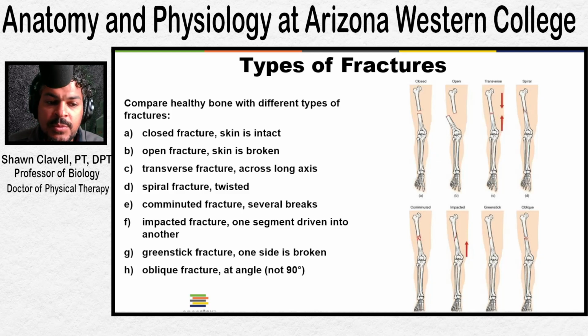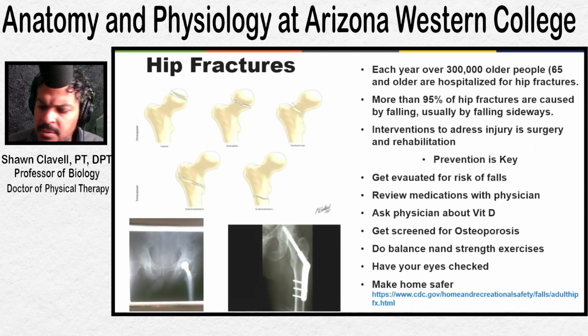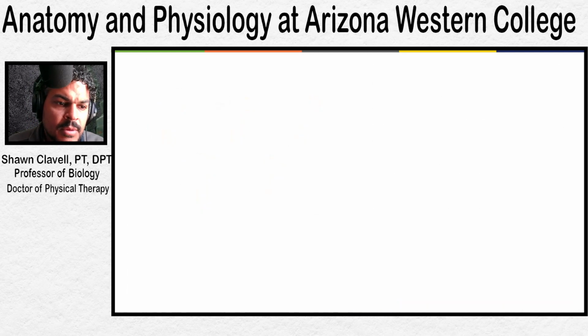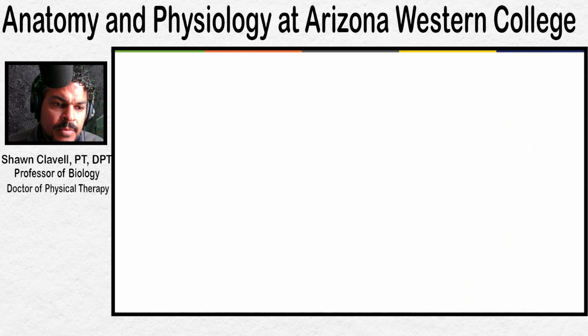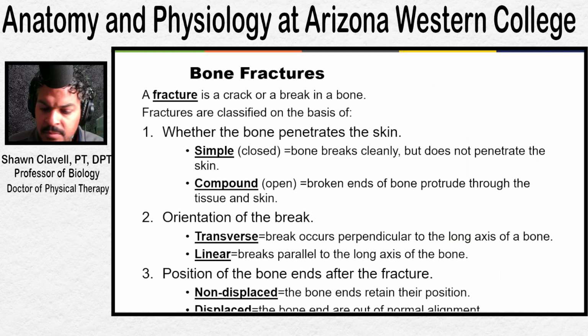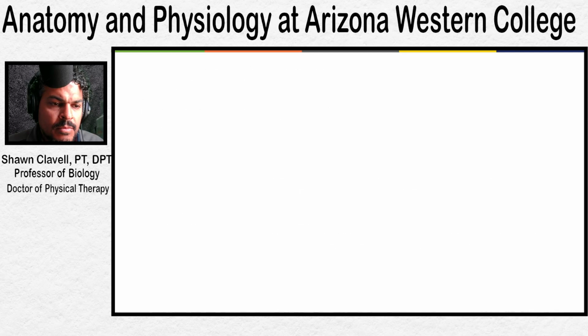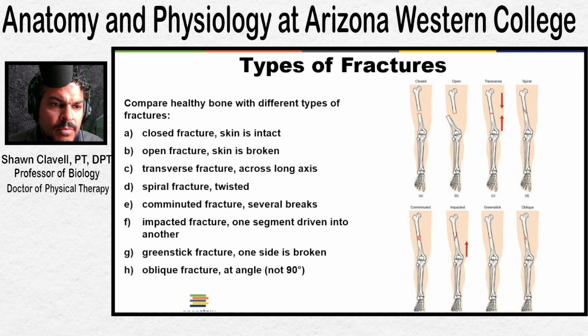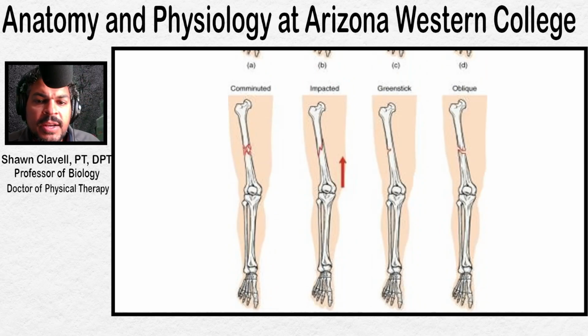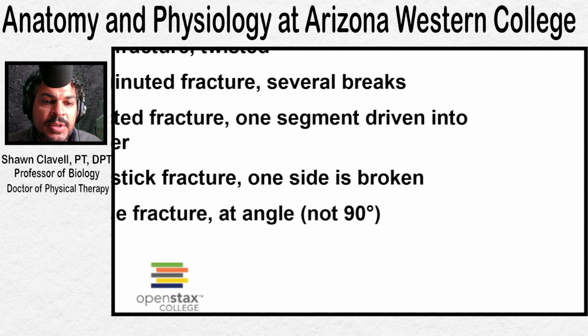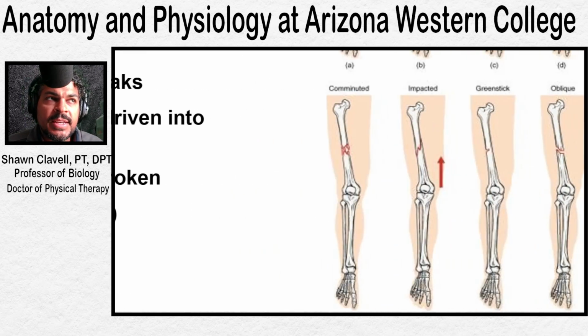And here's a couple of ones that we should be familiar with: the comminuted fracture, so multiple fractures there, as well as a greenstick fracture. A greenstick fracture is where the entire bone isn't necessarily fractured.